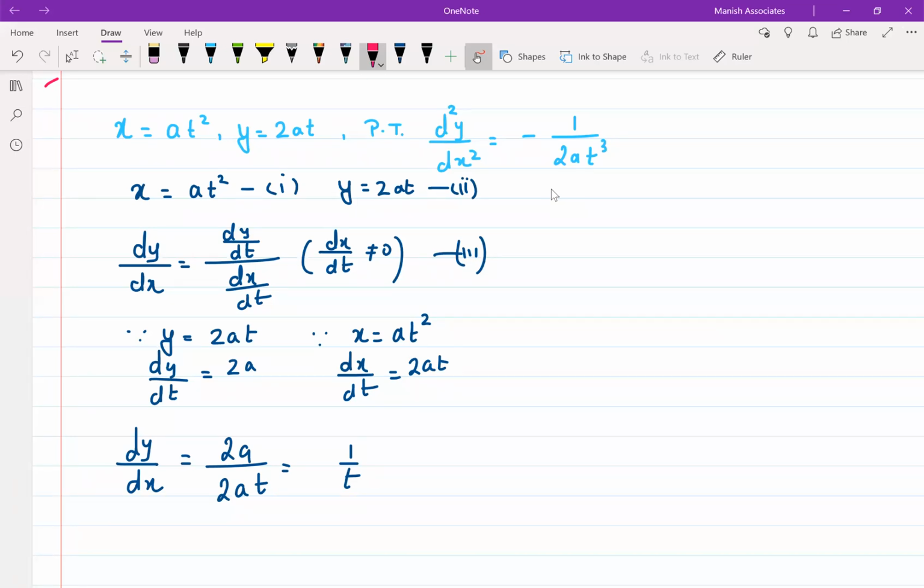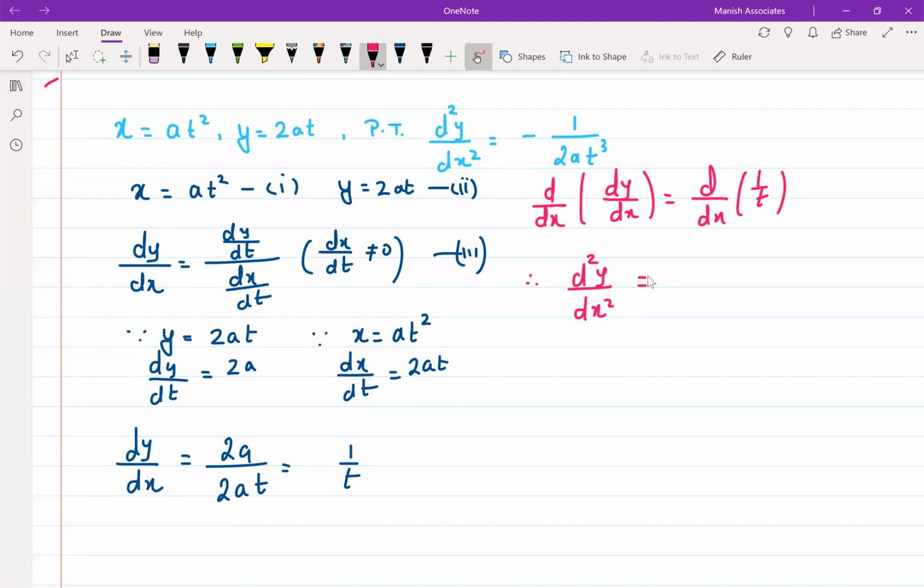So see, what do I do? I'll write this way. d by dx of dy by dx will be equal to d by dx of 1 upon t. Now, on your LHS, derivative of first order gives you second order.